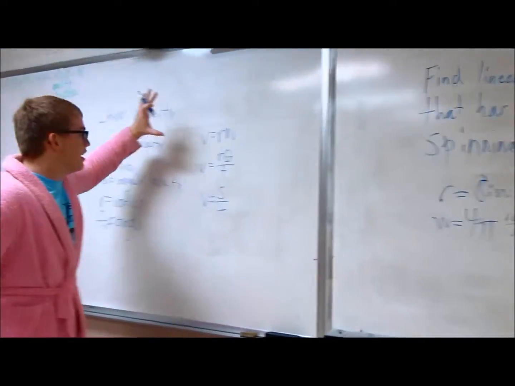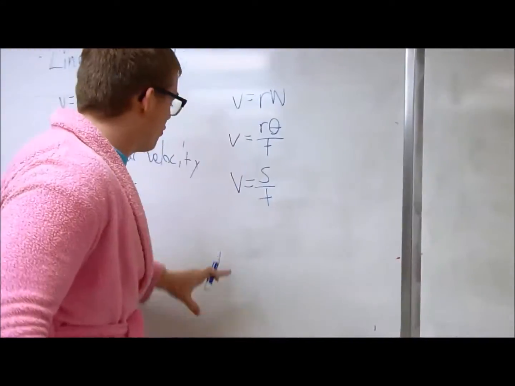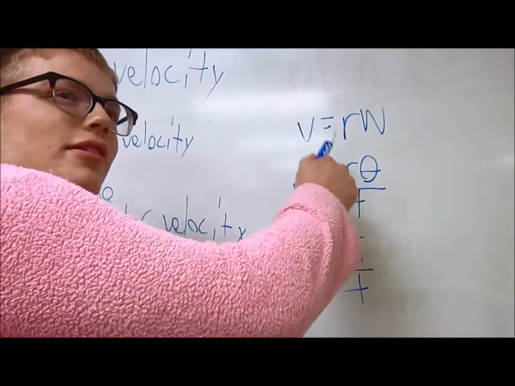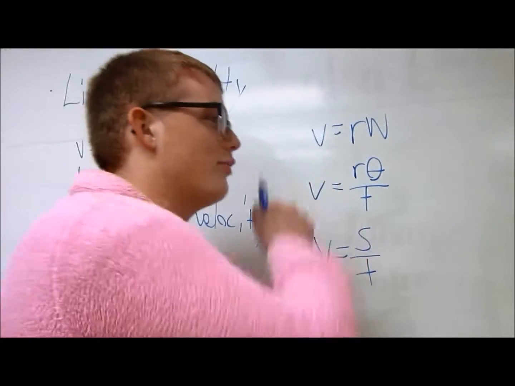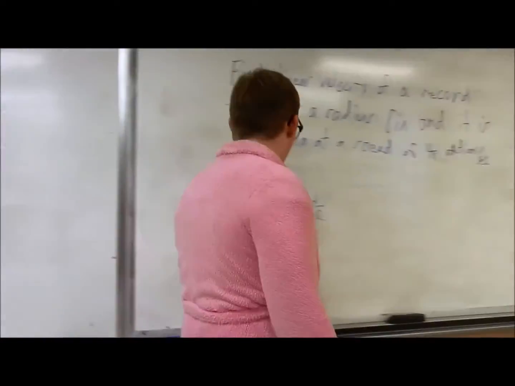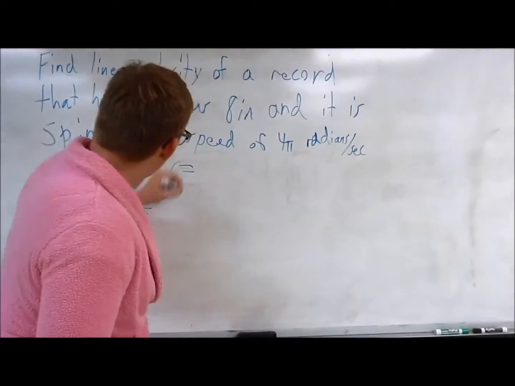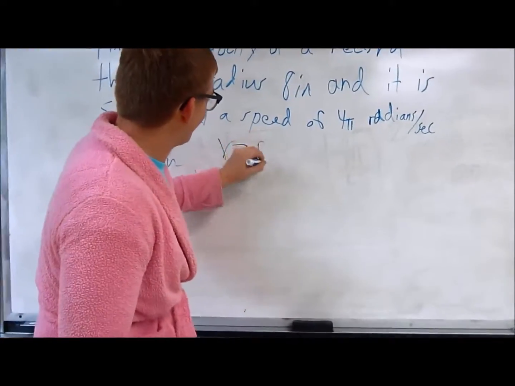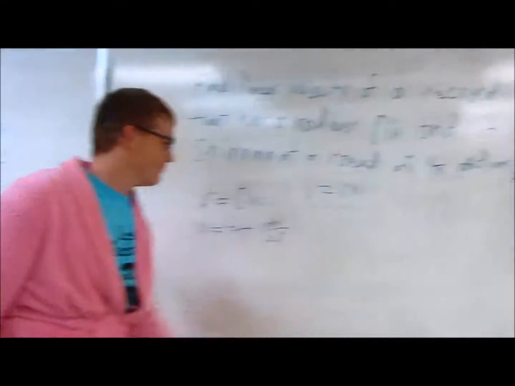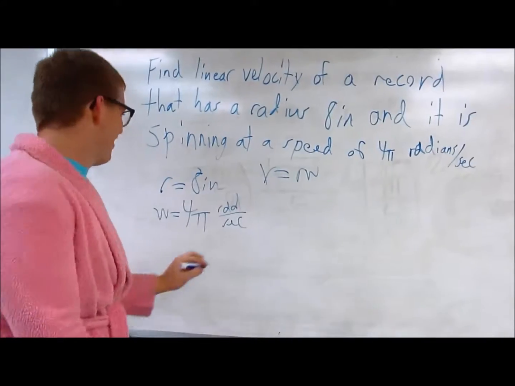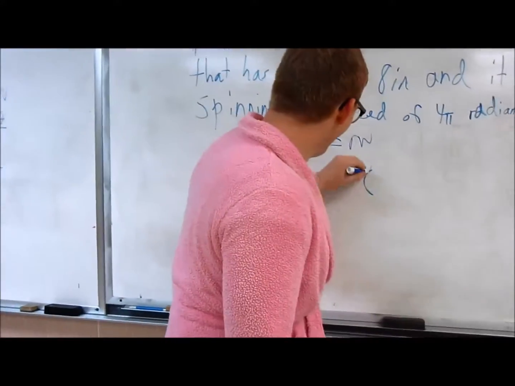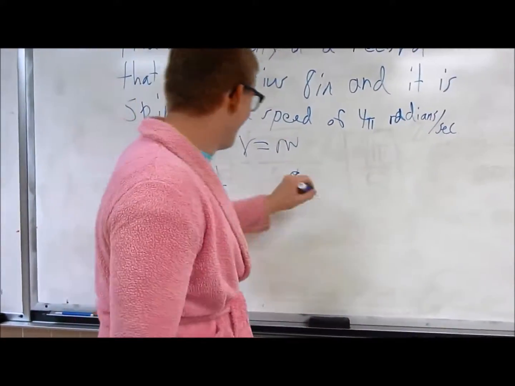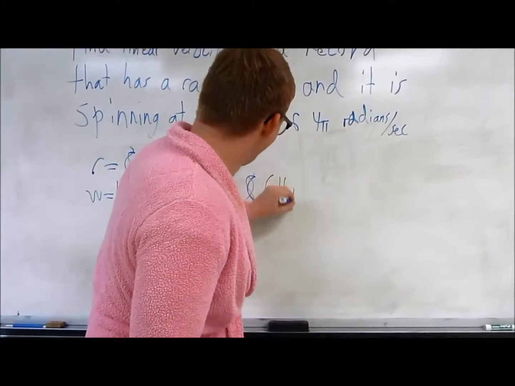Looking at our formulas to solve from, this would be the best one because it's R and W, two variables, with one left over, linear velocity. So V equals R W. Plug and chug: 8 times 4 pi.